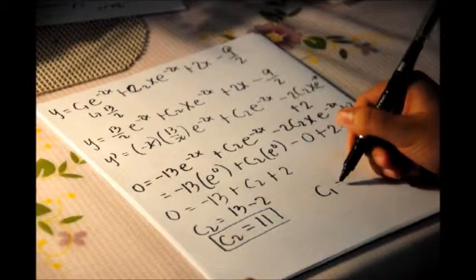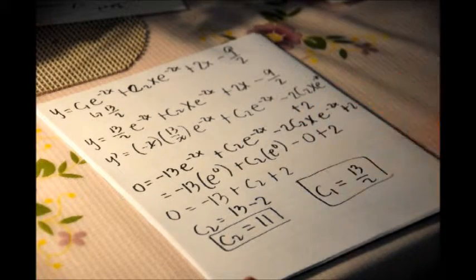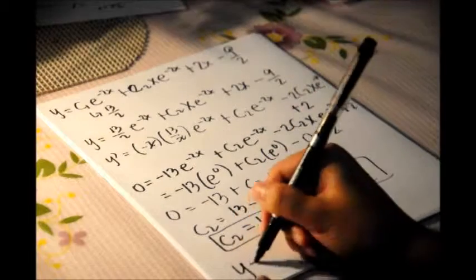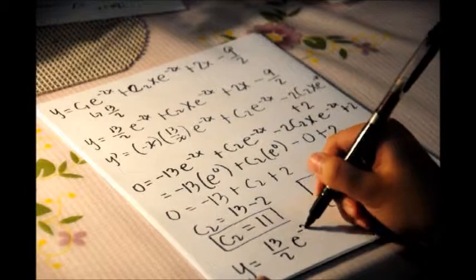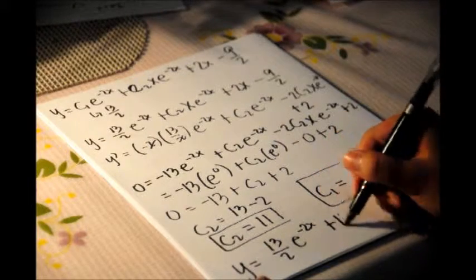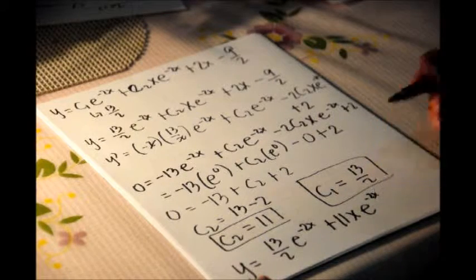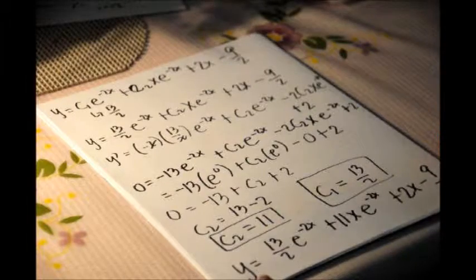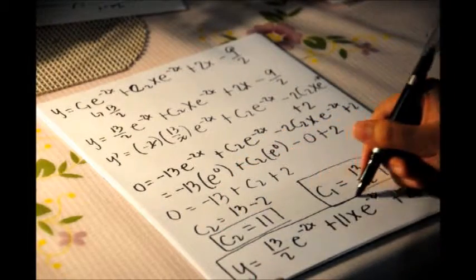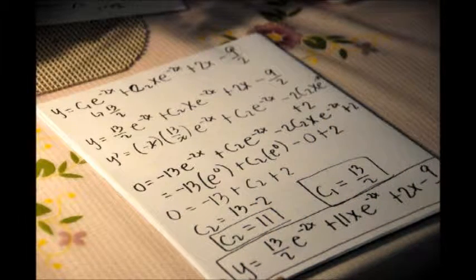Earlier we solved that c1 is equal to 13 over 2. So what would be the final equation? So the final equation would be y is equal to 13 over 2 e to the negative 2x plus 11x e to the negative 2x plus 2x minus 9 over 2. So this is our final equation and the solution, and also a general solution for the equation.